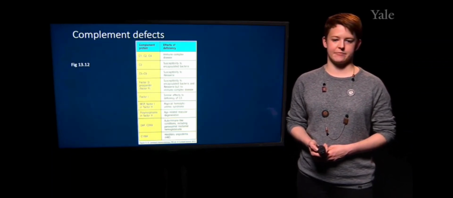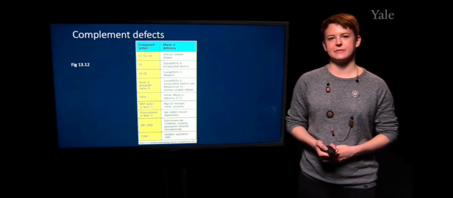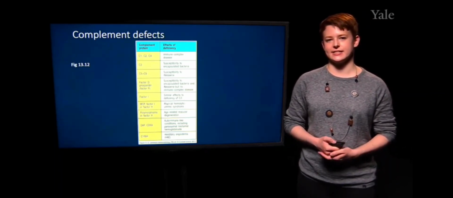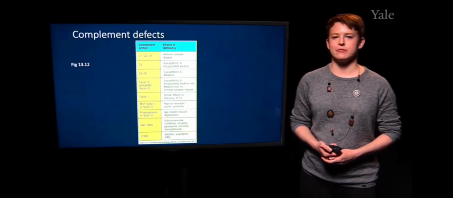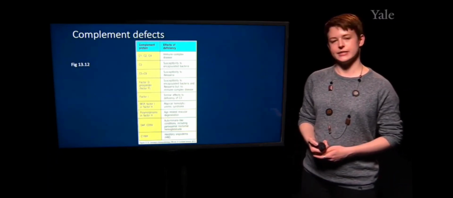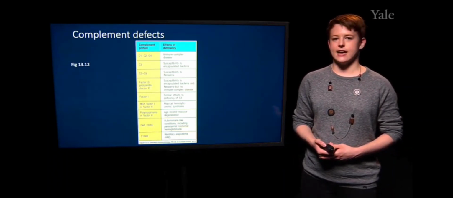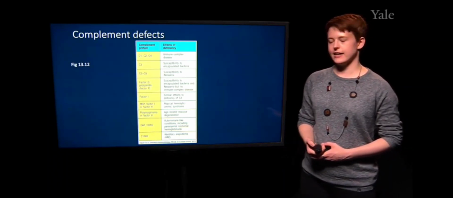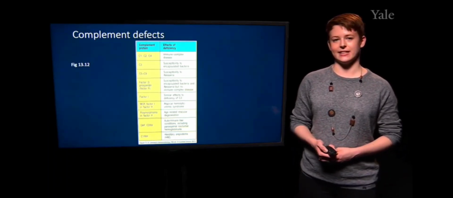So as I mentioned before, there are some genetic defects where there might be a problem with the gene or a protein, but there's no phenotype seen in a patient. And C2 is actually a very good example of this. So this can be redundant in immune complex formation, and so you can actually live a completely healthy life while having no C2.